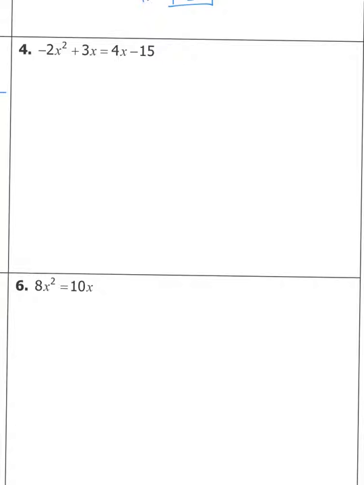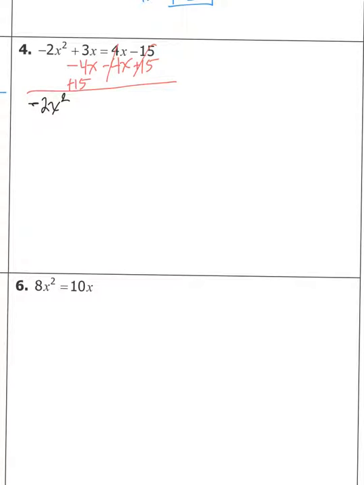Okay, so I want to start by moving, and then I'm going to add the 15 as well. I really don't have a like term to add it to, so I'm just going to add it down here. But they're not really alike, so don't add them. My highest degree term is -2x squared. Then next comes the x's.